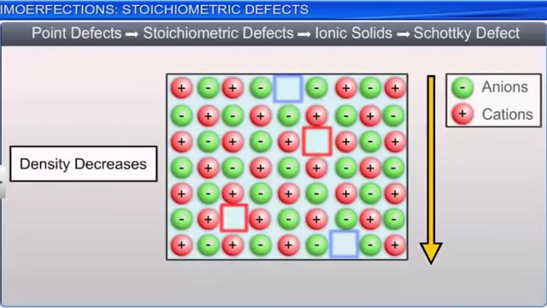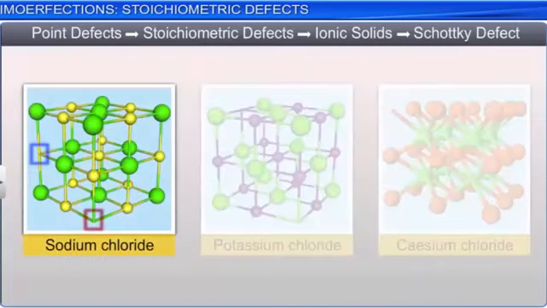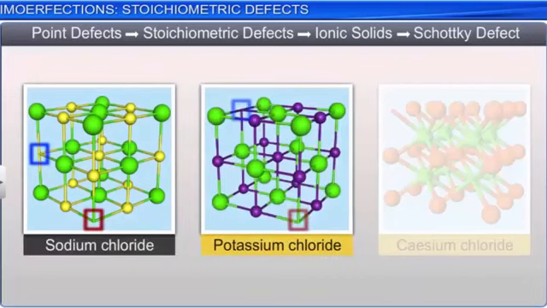This defect is commonly observed in compounds in which the cations and the anions are of almost the same size. Sodium chloride, potassium chloride, and cesium chloride are well-known examples of this defect.